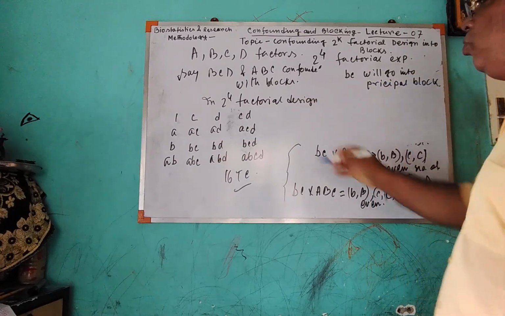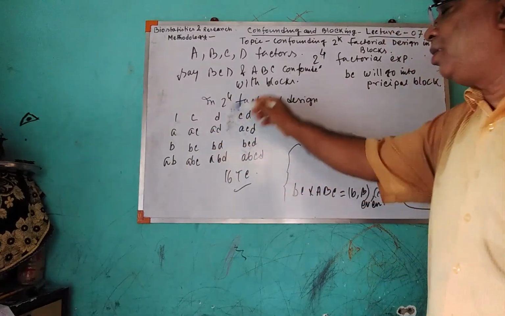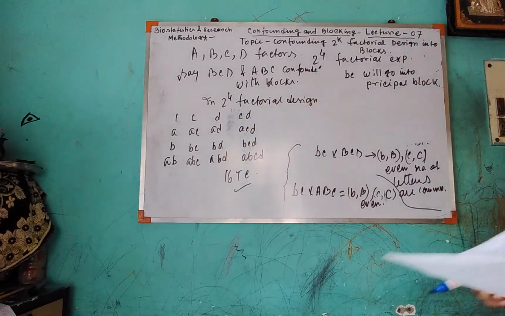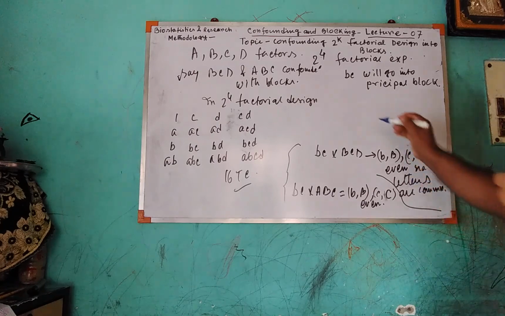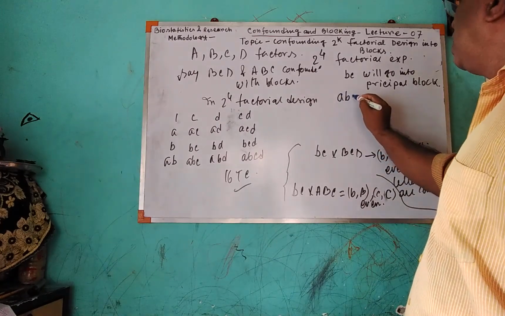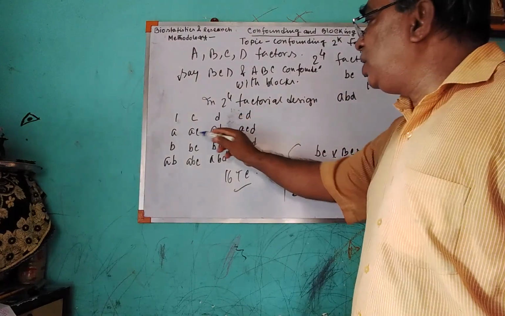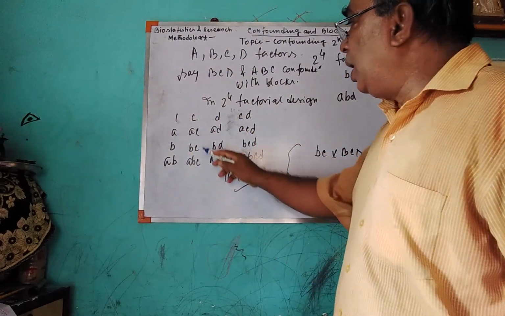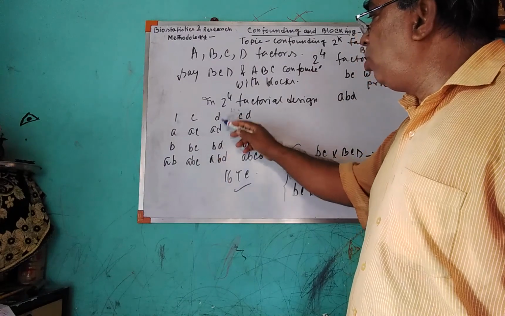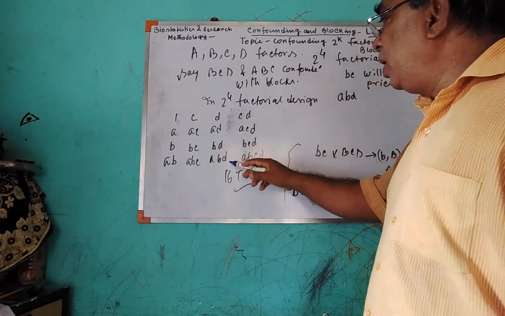In this way, you have to check all these treatment combinations. I'm not checking all of them; I'm just checking another element, suppose ABD. Checking the others, this will not come, this will not come in the principal block. ABD will come.